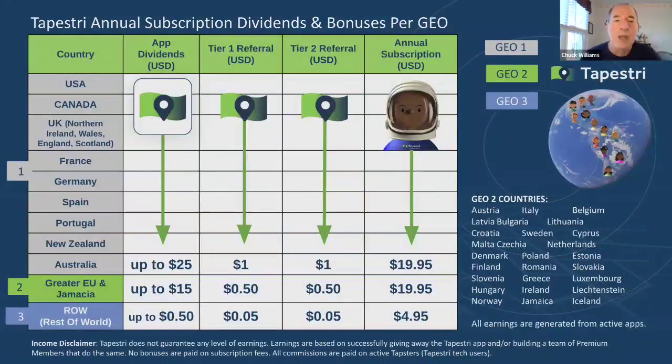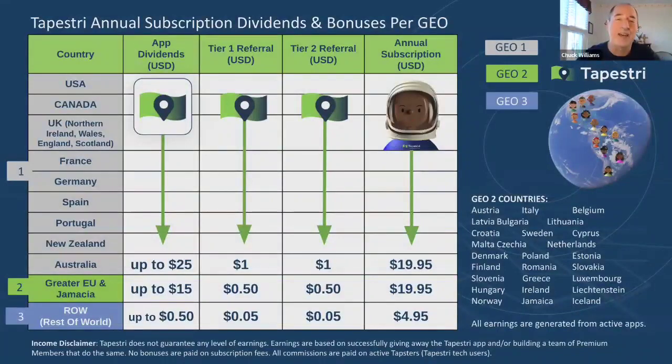So in recap, a customer in Geo 1 can earn up to $25 for their anonymous location data. That $25 does not include the surveys, the rewards, the games. All that stuff is in addition to that cap. And that is a cap. There will be people that make less than that.